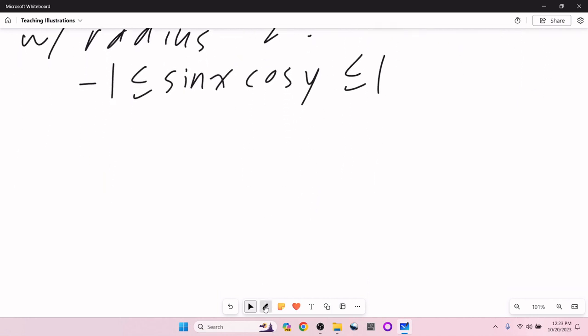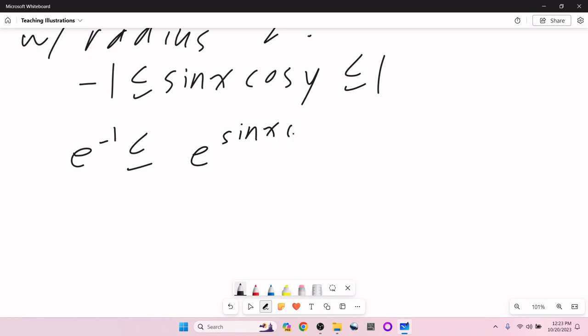So that means we have these bounds. Then e to the -1 is less than or equal to e to the sine x cosine y, which is less than or equal to e to the 1. And now we can put double integrals on all of these.